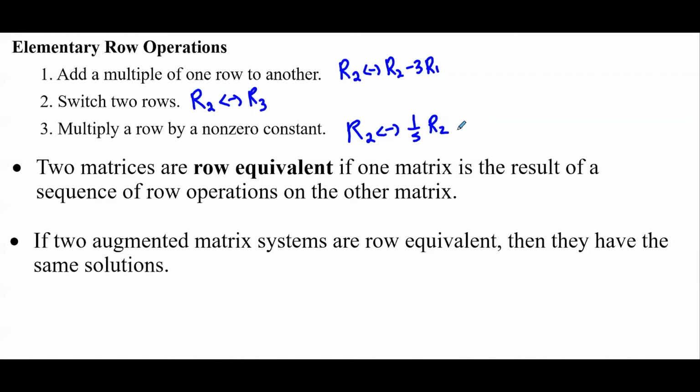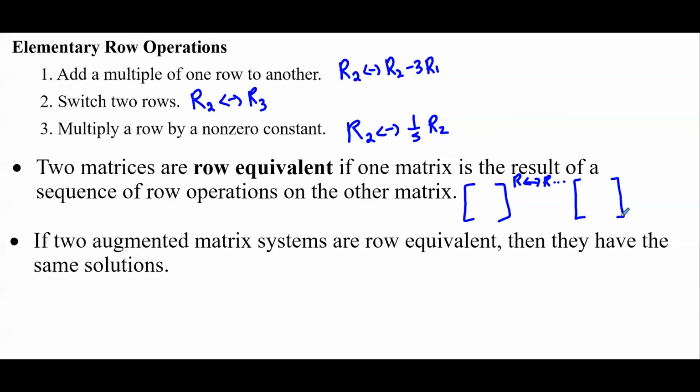So we say that two matrices are row equivalent if one matrix is the result of a sequence of row operations on the other matrix. So if I have a matrix and I do a row operation, and I get another matrix, these matrices are not equal anymore.